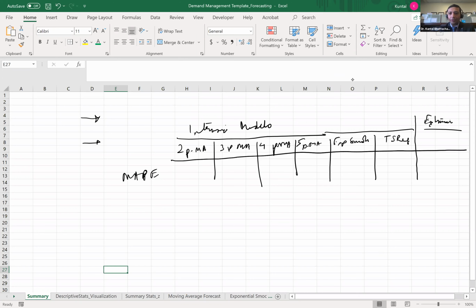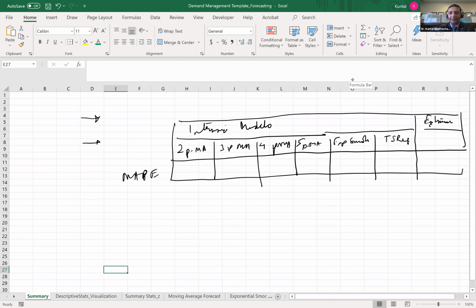So what you want to do is create a table that tabulates all of the MAPE values here, right? And have a short recommendation of which specific model to use in this context.